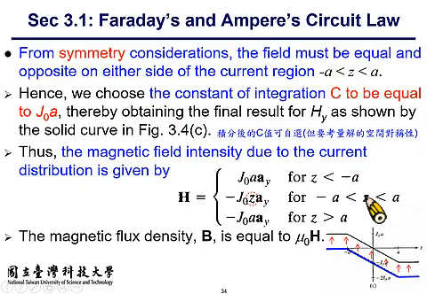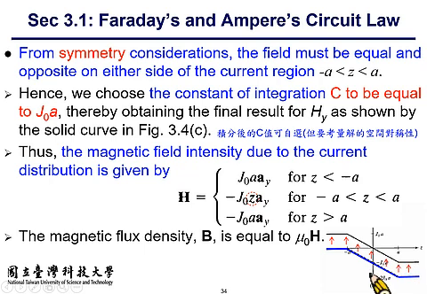And if z is between minus a and a, you will get something. And if z is greater than a, you will end up with minus 2 times J sub 0 times a.